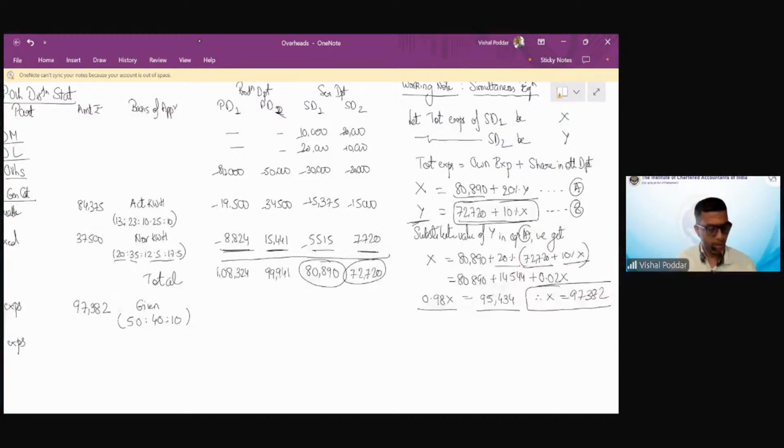So what I'm getting is 48691, 38953, and 9738. And here what I'm subtracting is 97382, what I have distributed. Correct?